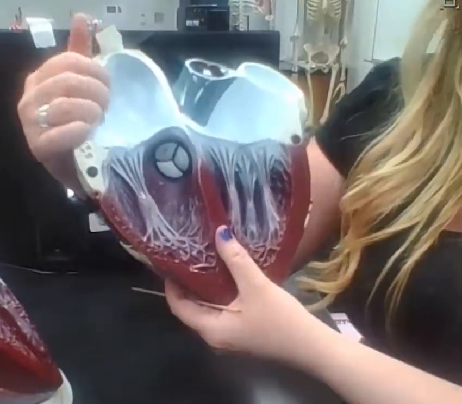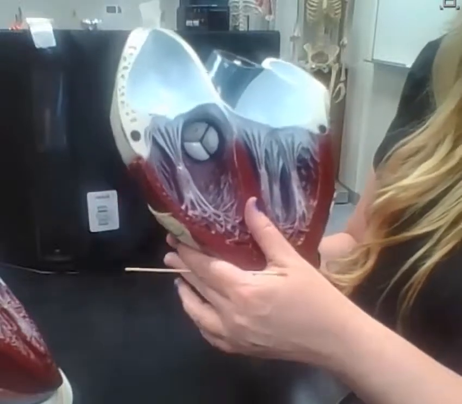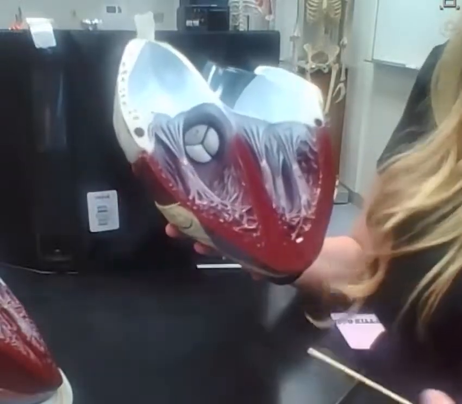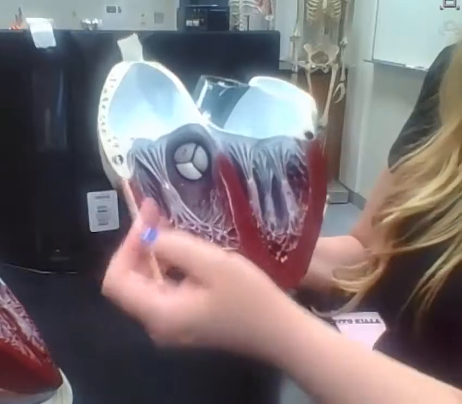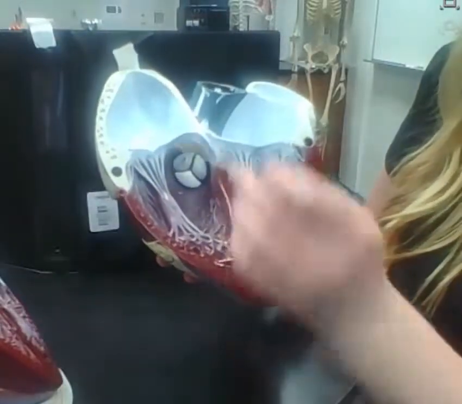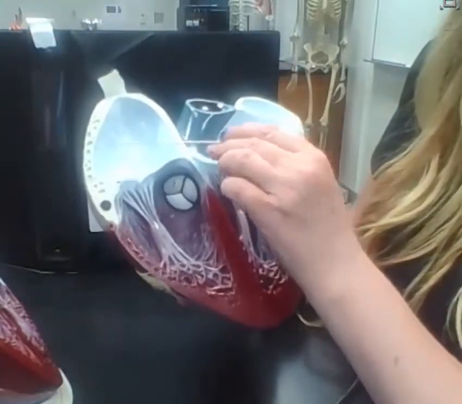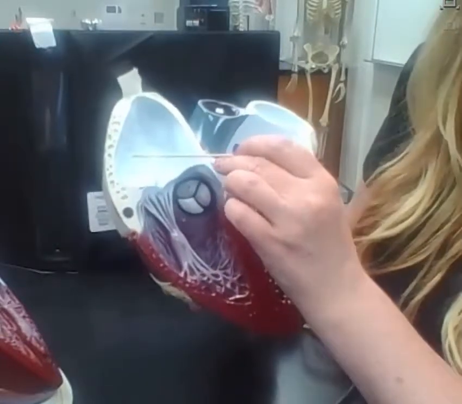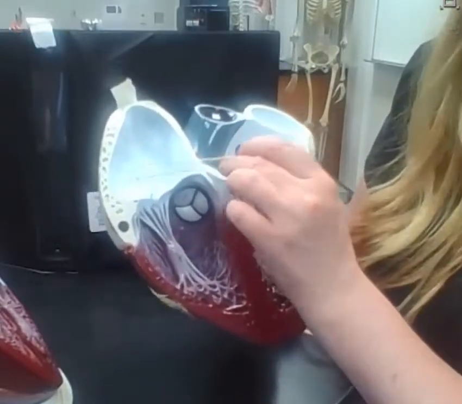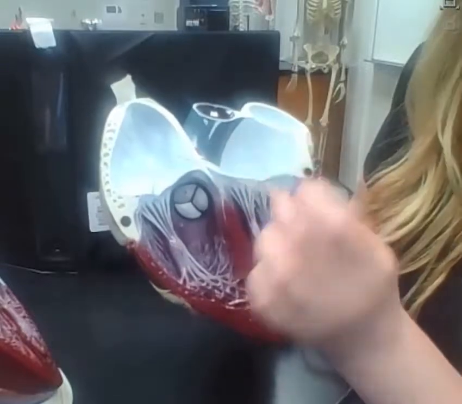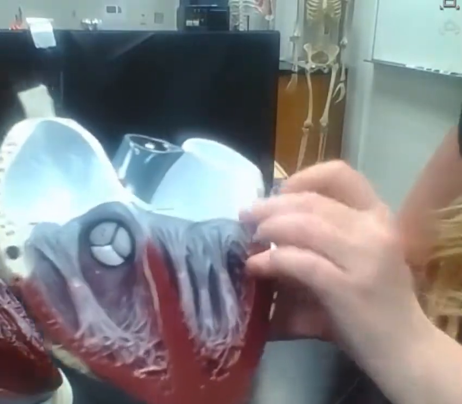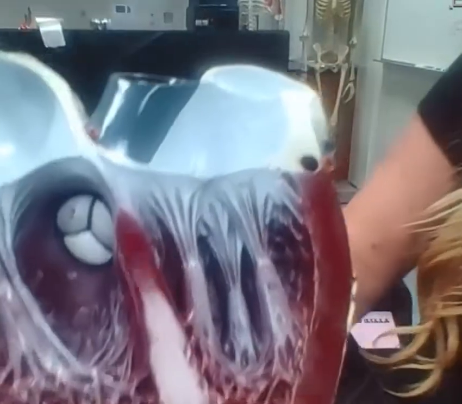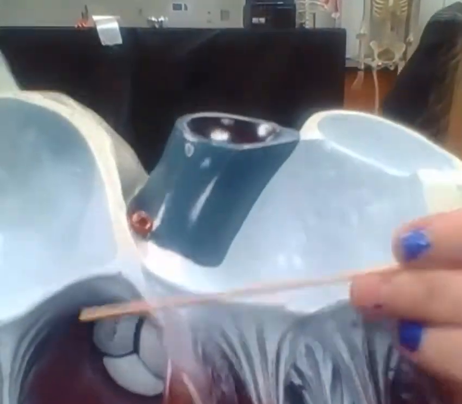So now my right side of the heart is going to be on my right side, where before it was reversed. So this is going to be the right atrium, okay? The right atrium. Remember, this is where the deoxygenated blood comes in from the body. This area, let me get a little closer here.